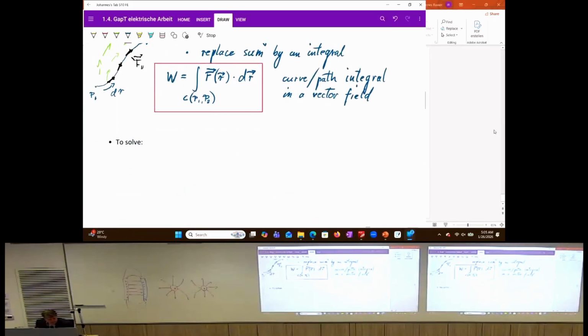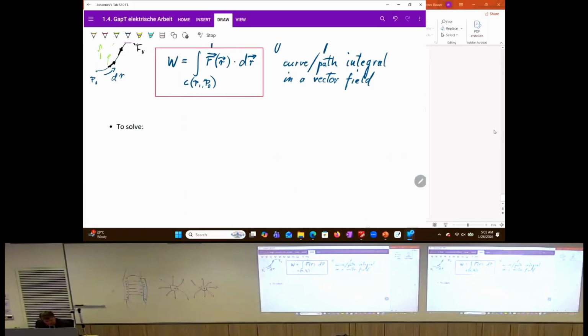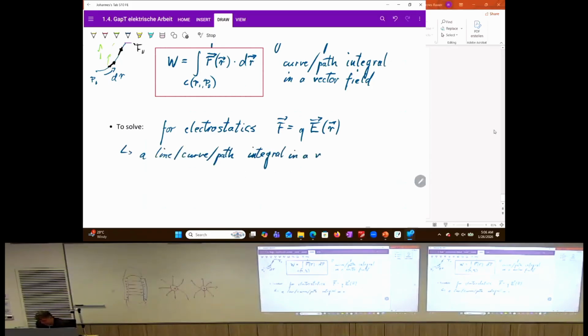So now something to solve. This was a general formulation because there was just a force field. Now, how does it look for electrostatics? Well, our force is the charge times the electric field. And we have seen that if we have a line or curve or path integral in a vector field, then we have to follow 3 steps.